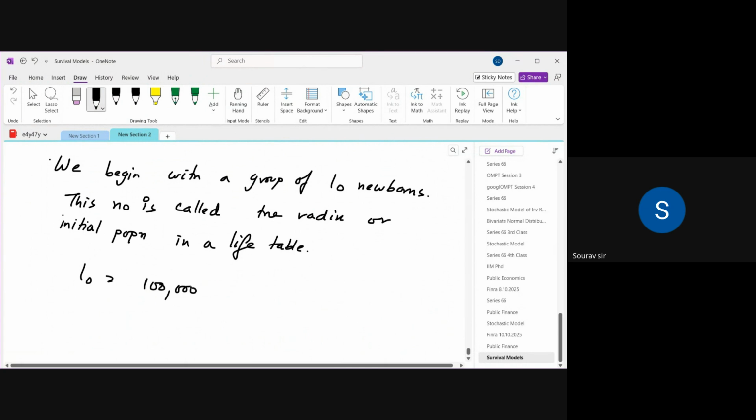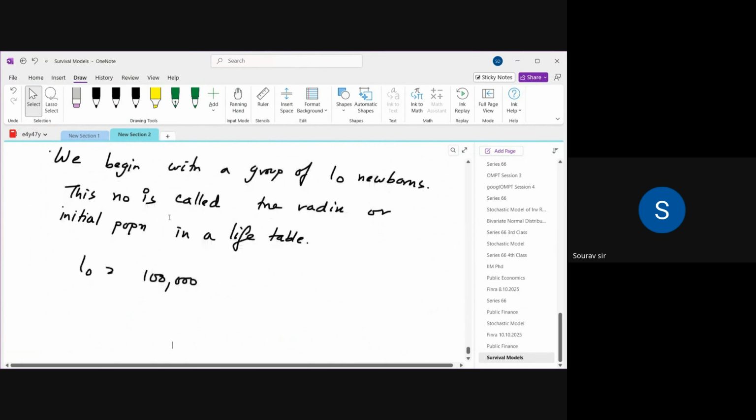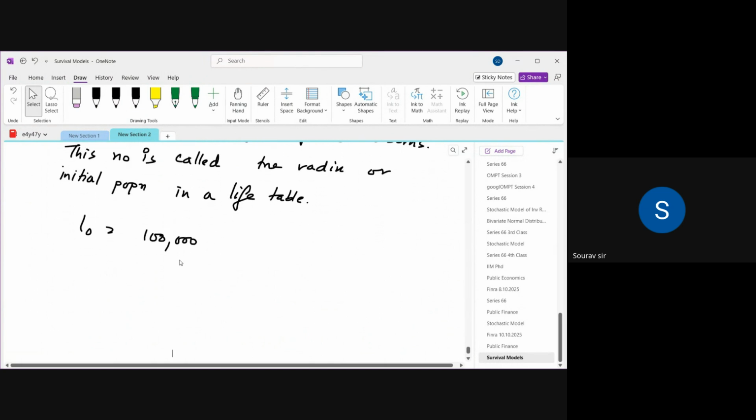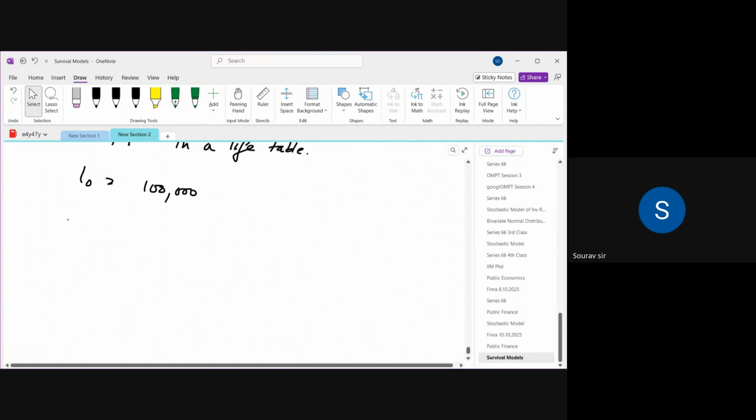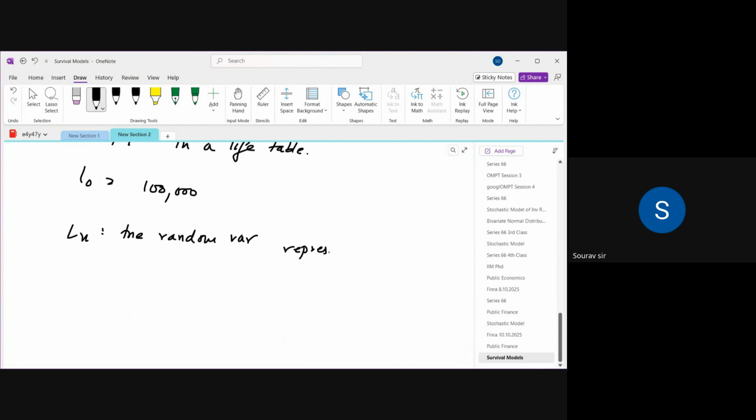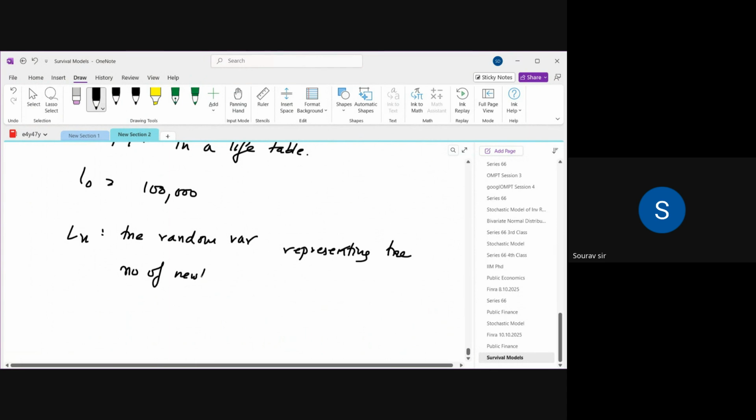So now what is the definition? l_x will be the random variable representing the number of newborns surviving to exact age x.